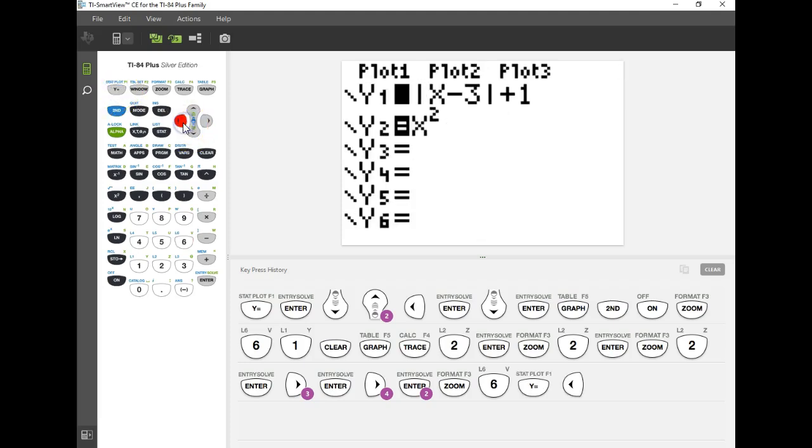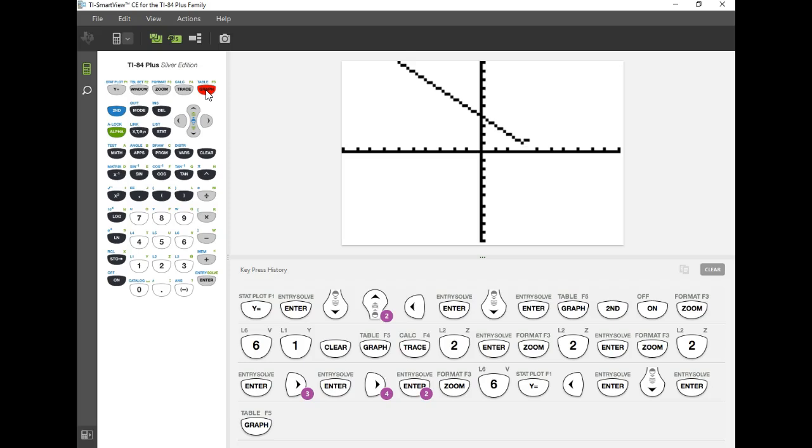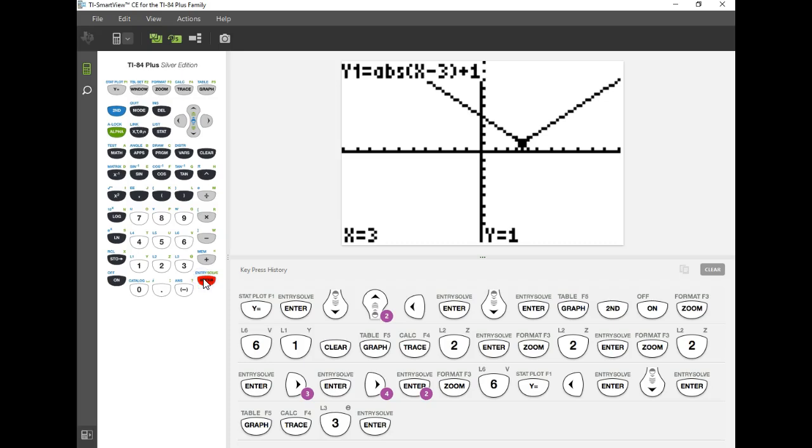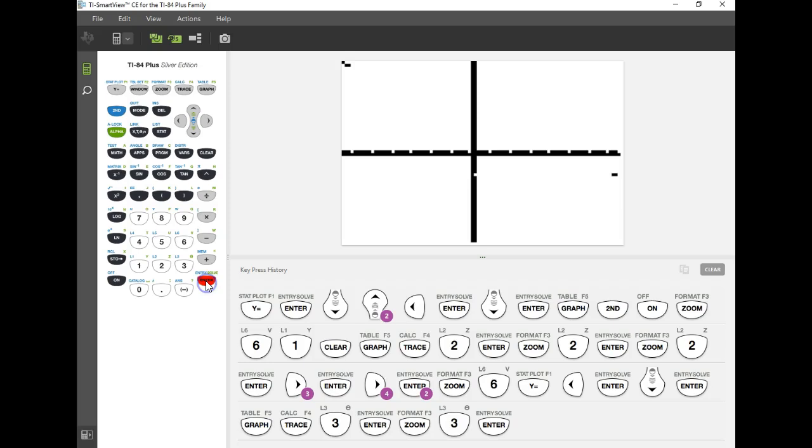Contrast that to the absolute value function, specifically at the vertex right down here.